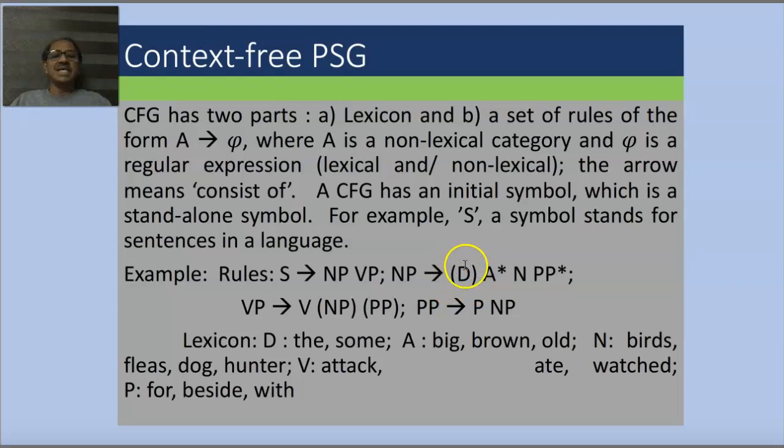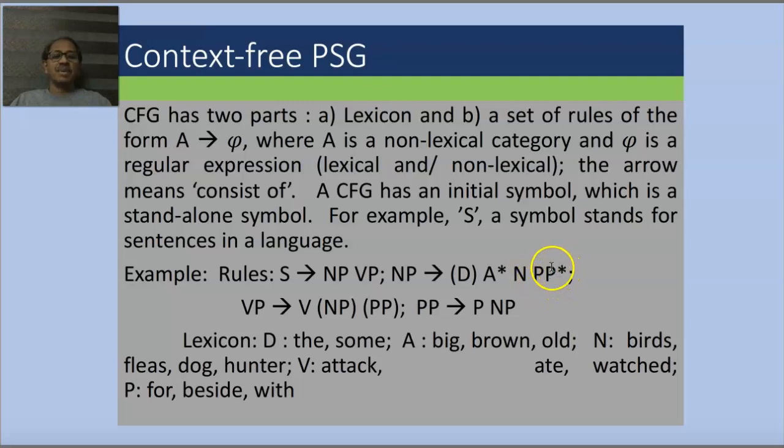That is, D, the determiner, is optional. And we see A with an asterisk mark, right? Which shows that it can occur any number of times. Remember regular expression? That's what we meant. N is, again, a lexical item which occurs only once.